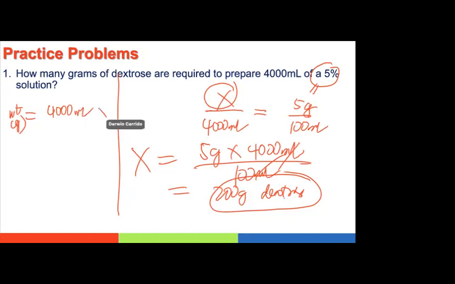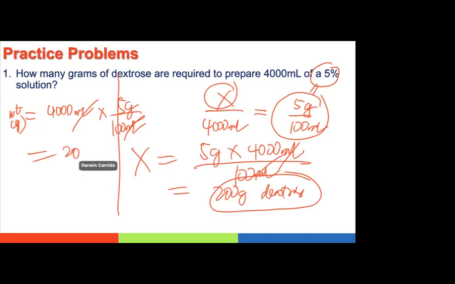4,000 ml, you multiply it by percent. Pwedeng 0.05 agad or dito tayo, yung conventional, 5 grams over 100 ml. I will put 5 grams per 100 ml so that you know at makita ninyo kung ano yung makakancel. So 4,000 times 0.05 or 5 over 100, the answer is 200 grams as well.